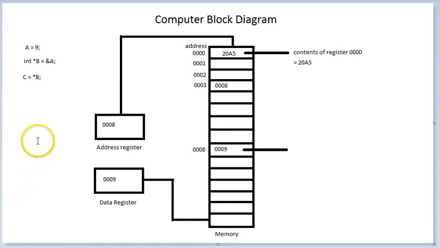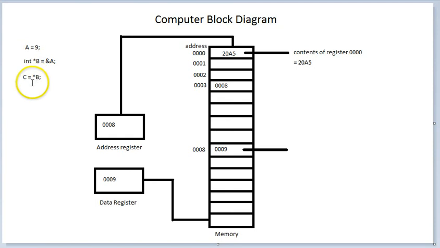So we see that there are three important things that happen here. First of all, we define a pointer by using int star B. It has to have the same type as the variable that we're pointing it to. Then we reference that to a particular variable by saying that it's equal to the address of whatever variable we want to use.